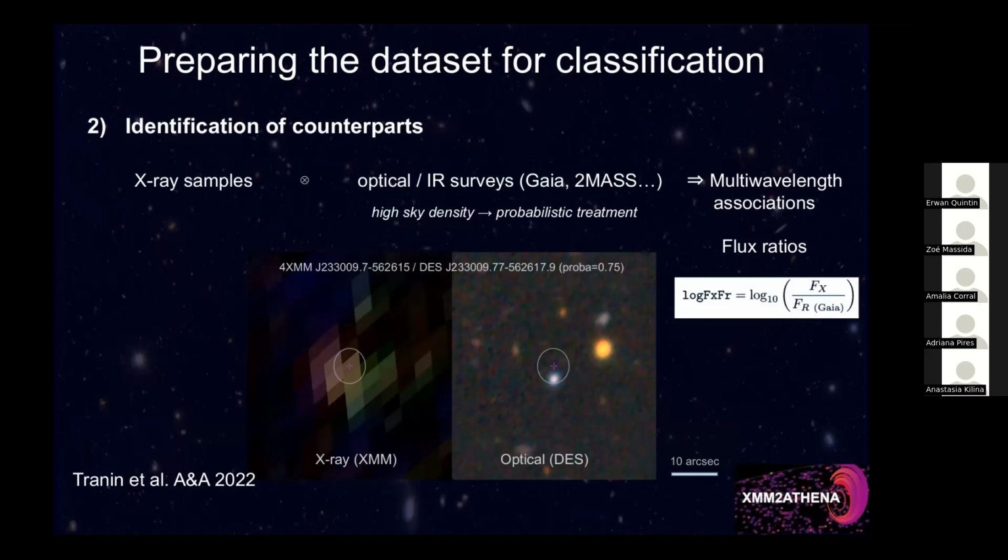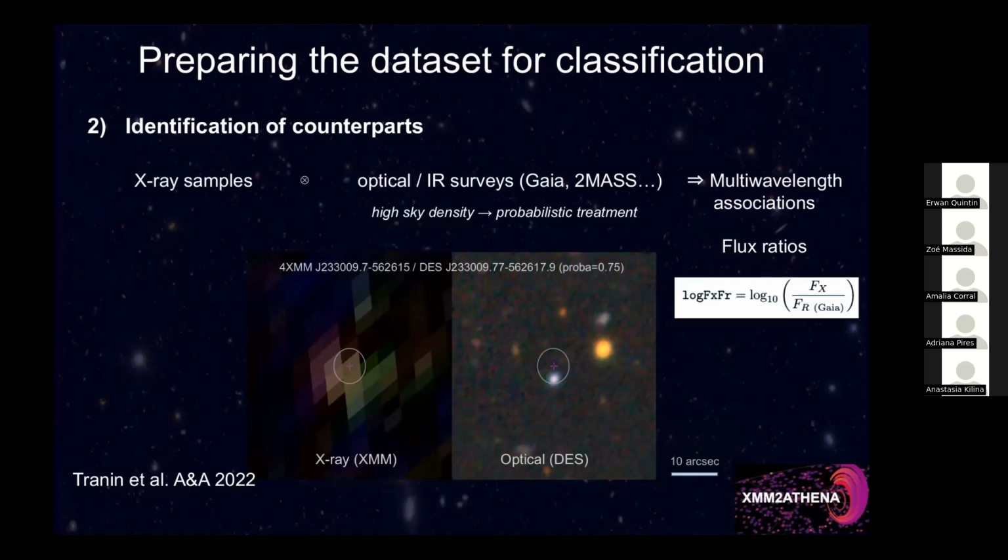The second step is to identify the multi-wavelength counterparts, so that we can compute, for example, the ratio between the optical flux and the X-ray flux, or the X-ray to infrared flux ratio. This is extremely important to distinguish different source types. This is done using the NWAY software, which was presented yesterday.